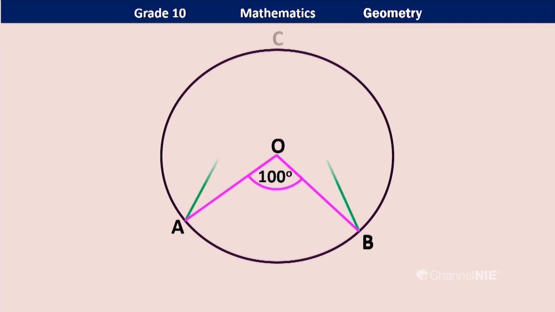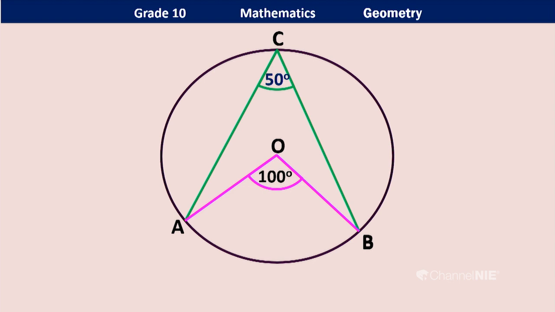Once again, if it is equal to 100 degrees, here I have got the angle ACB, that is the angle subtended by the same arc on the remaining part of the circle. So, it should be half of the magnitude of the previous angle, therefore, that is 50 degrees.